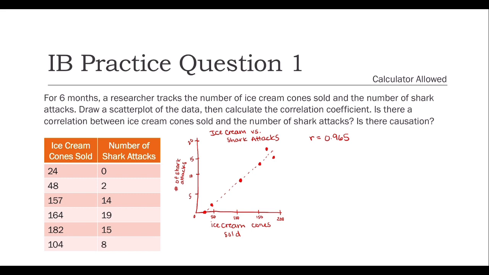So that's really close to 1, so that's a really strong correlation. So we would say, yes, there is a correlation between ice cream cones sold and the number of shark attacks.